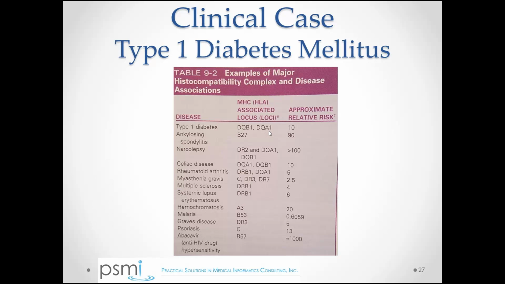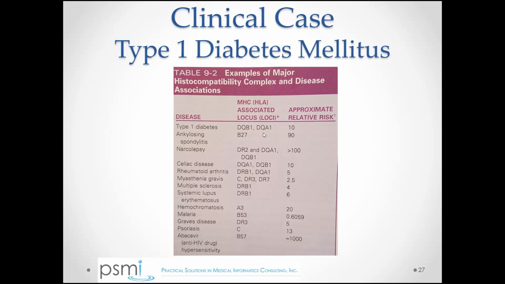Okay? So the picture is a little bit misleading in that the picture here shows an association with these genes, but really what we found were particular alleles at these genes that were more frequently seen in patients with type 1 diabetes over patients without type 1 diabetes.